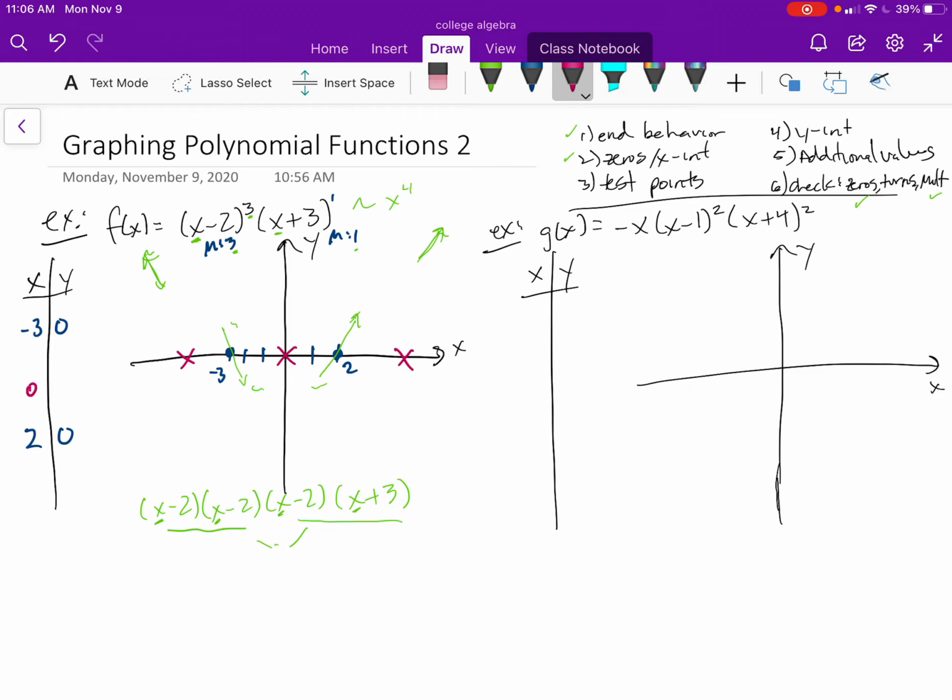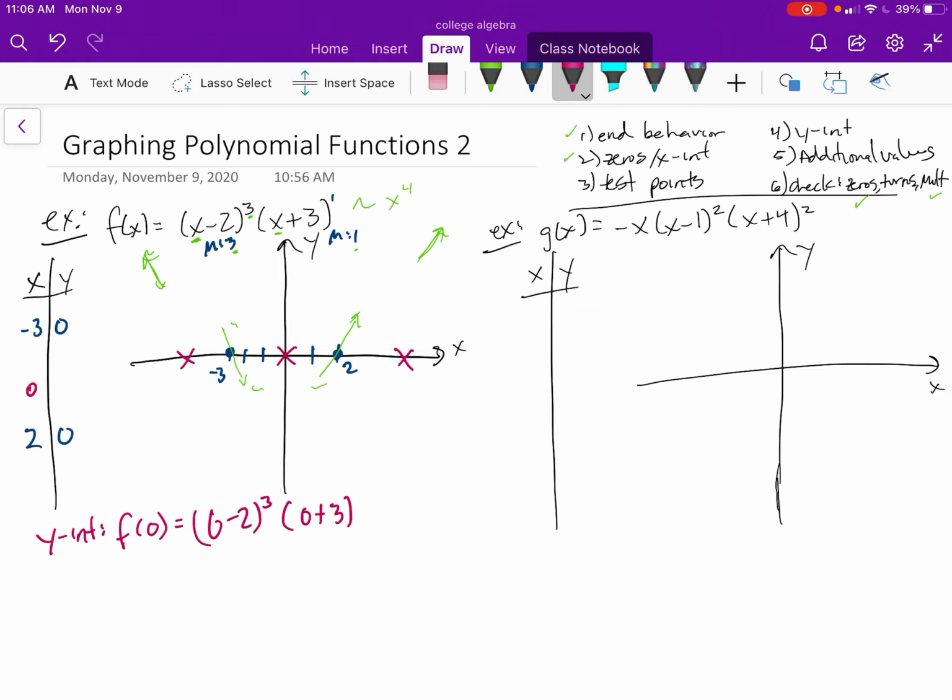But, right, if I put 0 in for x, so I could go ahead and erase all this stuff here, I don't think I need it. If I put 0 in for x, I'd have 0 minus 2 to the third, 0 plus 3 to the 1, right? That's f of 0. That's the y-intercept.